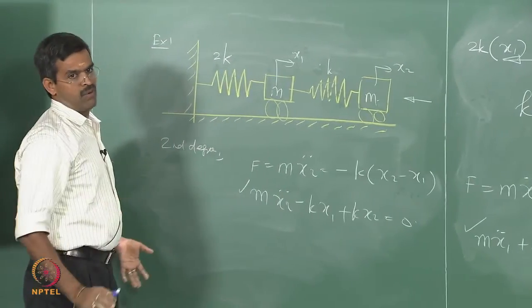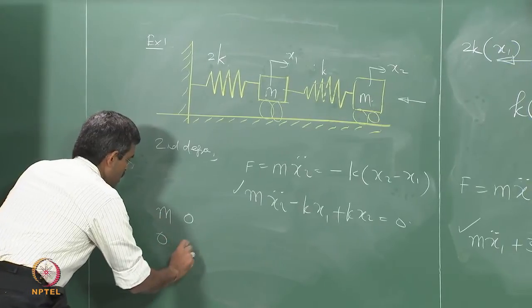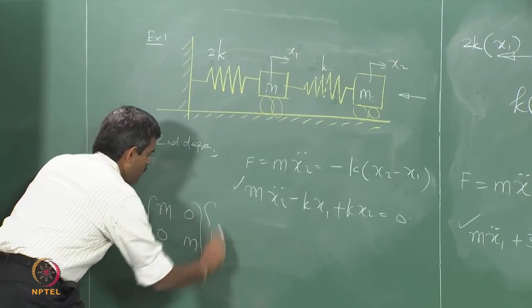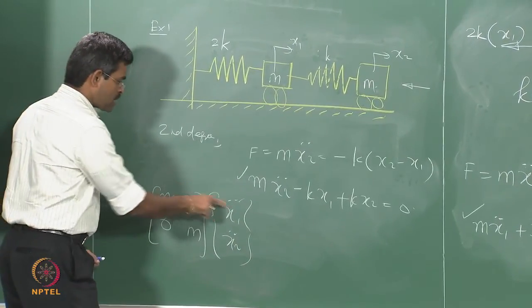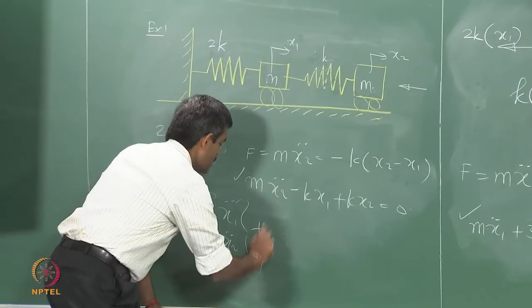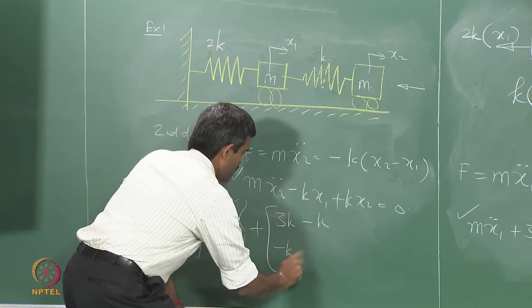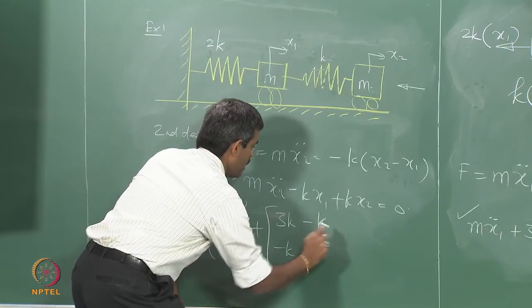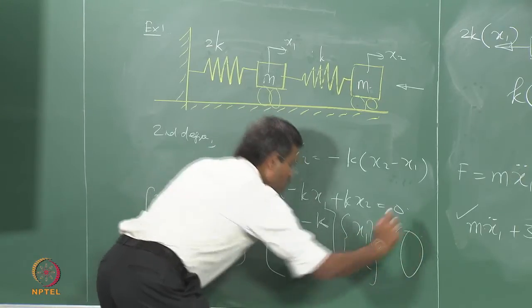Now, this is the first equation, the second equation. I write them in matrix form. We already know how to write them in matrix form. So, m 0 0 m of x1 double dot x2 double dot, you can read it, m x1 double dot, that is the first term here, plus k, so 3k minus k of x1 x2 is set to 0.